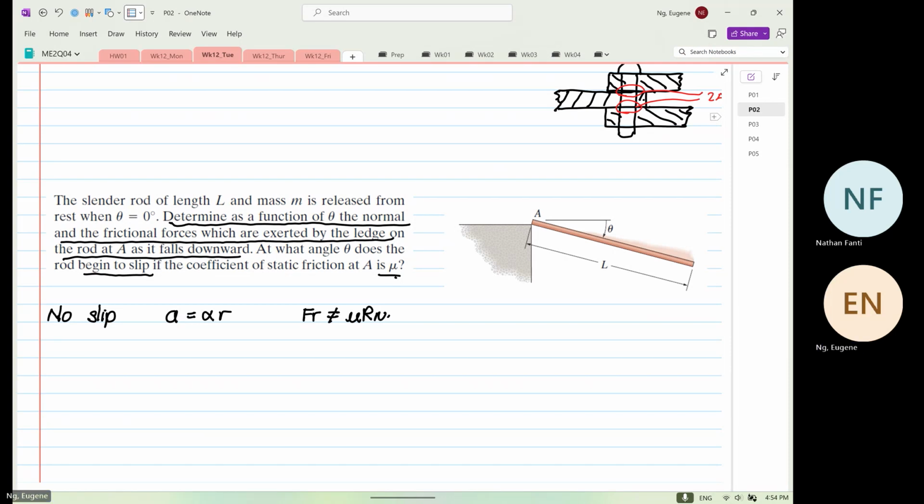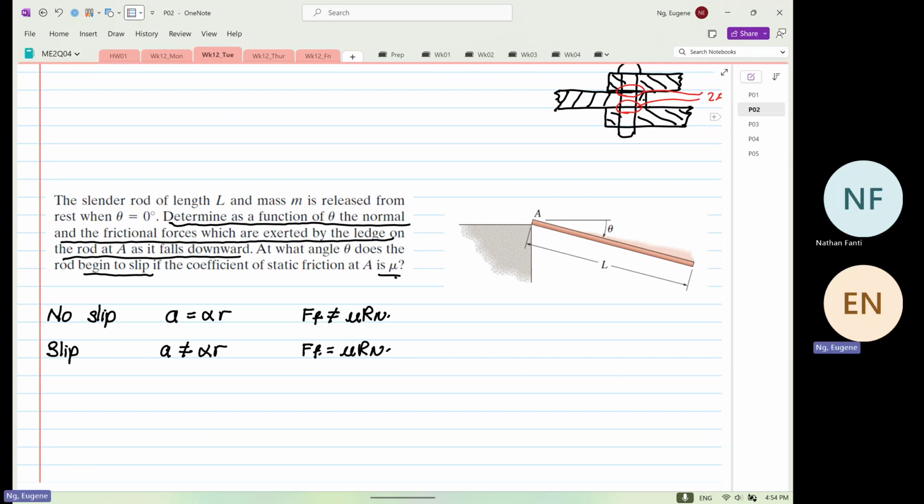You just need to remember this. When slipping starts to occur, then acceleration is not equal to alpha R, but the frictional force will be equal to what? Let's not call it R, let's call it FF.